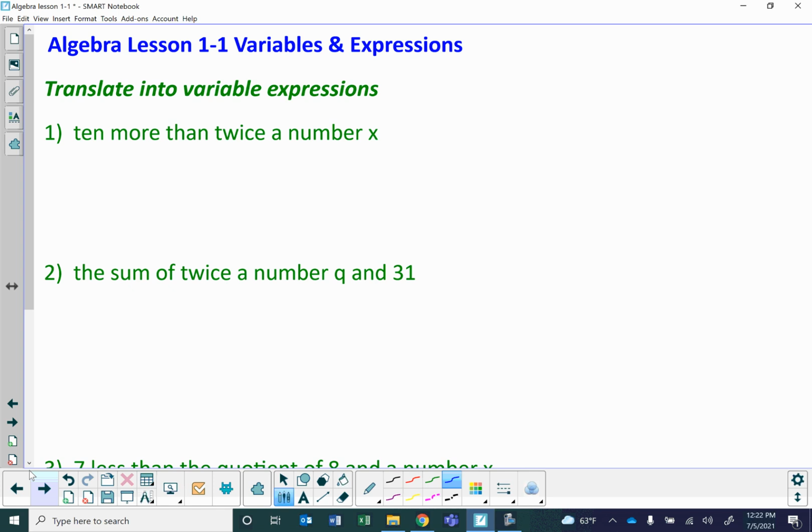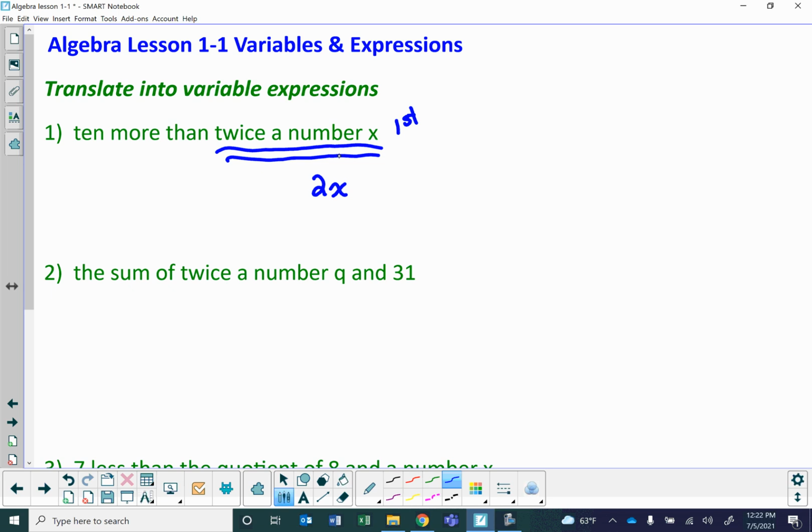So if I have 10 more than twice a number x, that means this twice a number x has to come first in my expression. Twice a number x basically means 2 times x, which algebraically we would just write with a 2 next to the x.